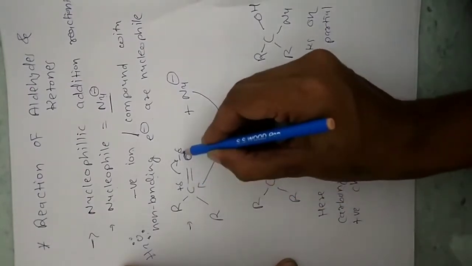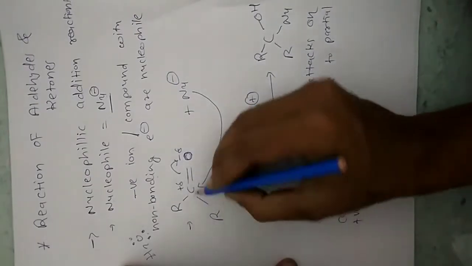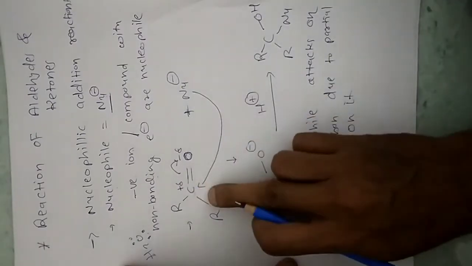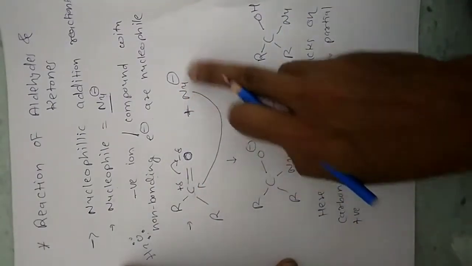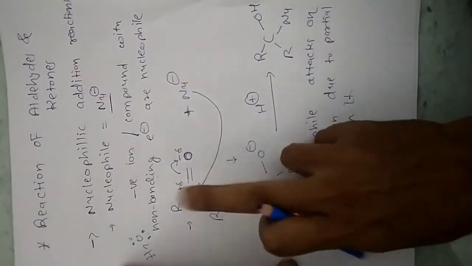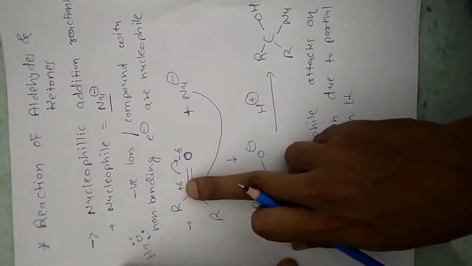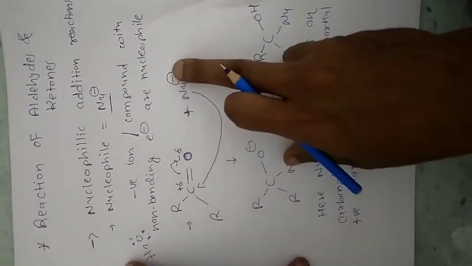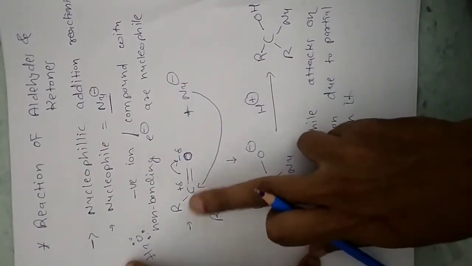So oxygen becomes partially negative, carbon becomes partially positive. Now, when a nucleophile attacks a ketone or aldehyde, what happens here? The nucleophile will attack on carbon, not on oxygen, because carbon is partially positive and the nucleophile is a negative ion.